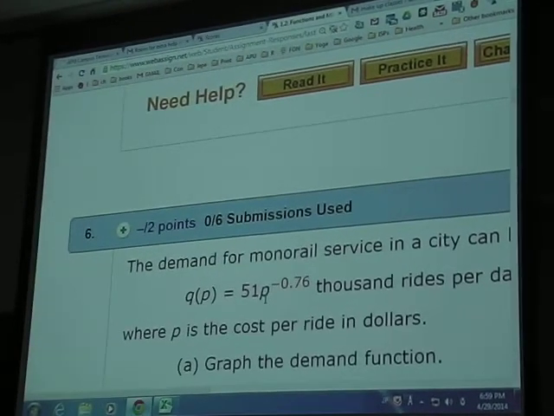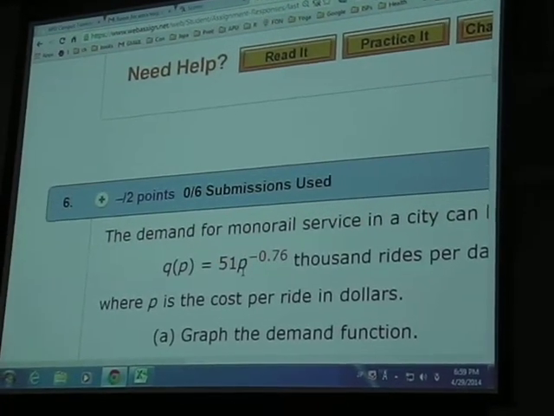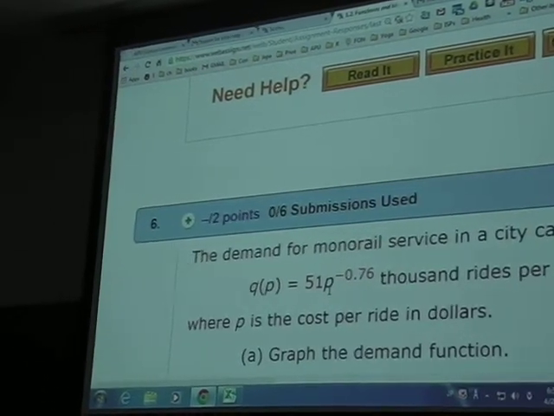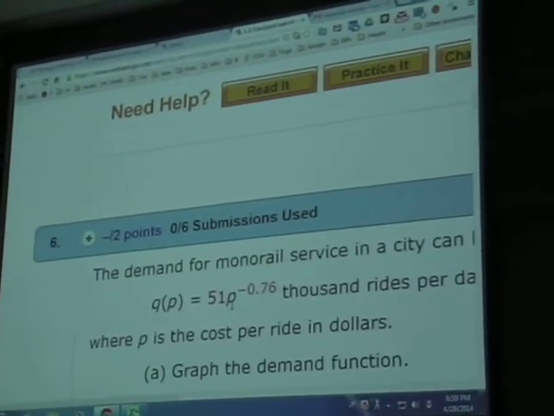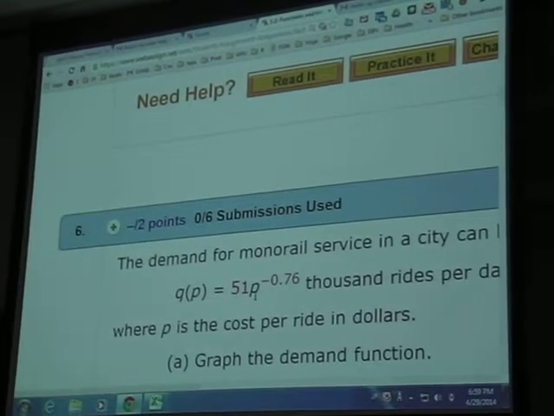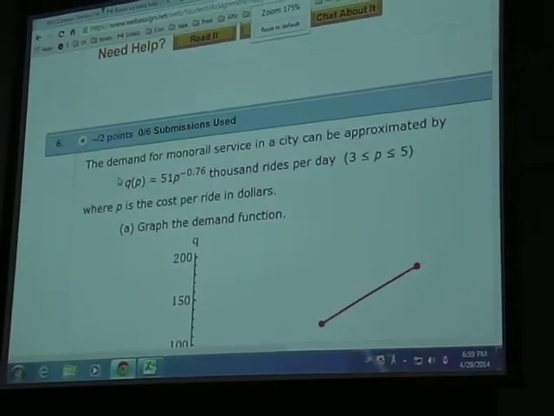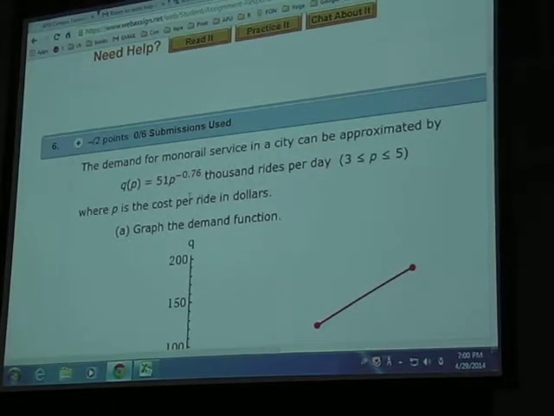In our graph, which did I make the y-axis, Q or P? Q, right? So this matches that, basically. So Q is a function of P, like y is a function of x. And here's the function.